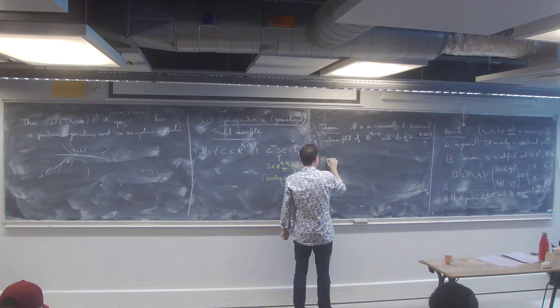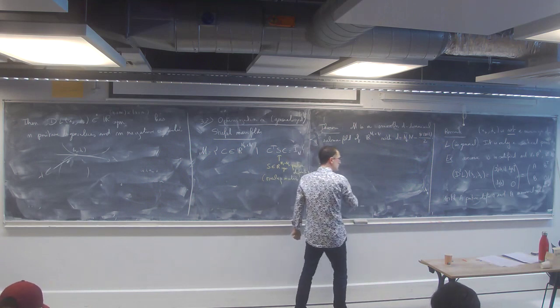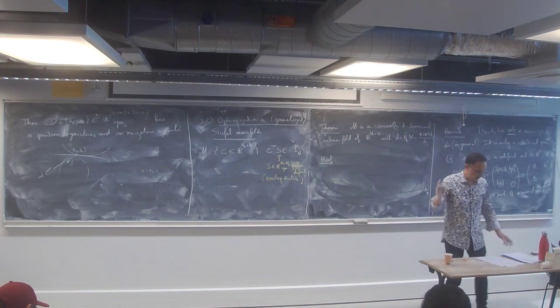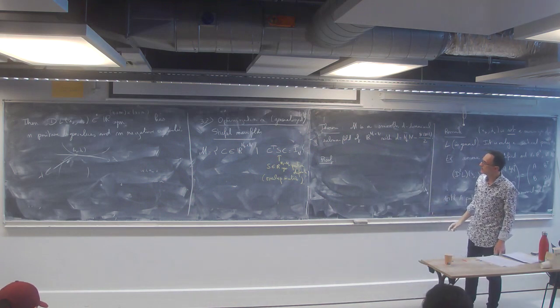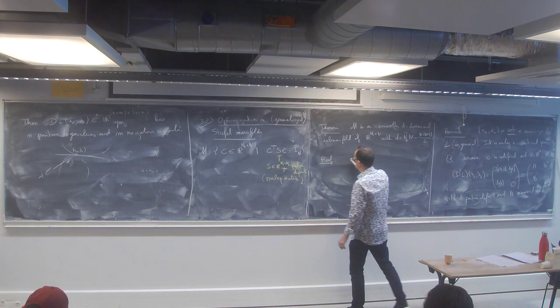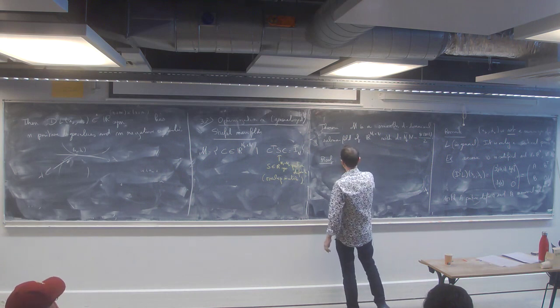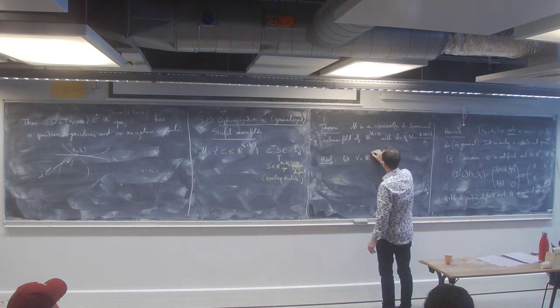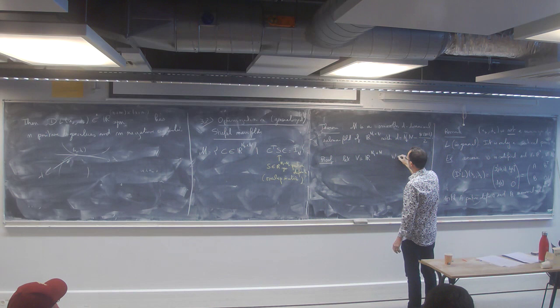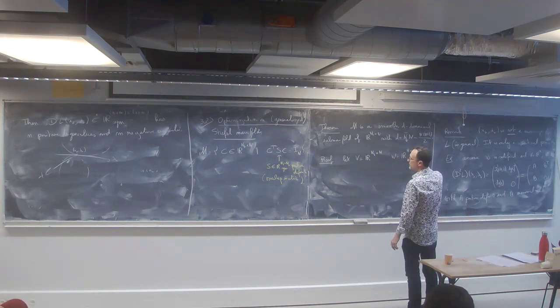To prove it, we will use the submersion theorem, the theorem I stated at the beginning. So let V equal R NB times N and W the space of R N times N symmetric matrices.